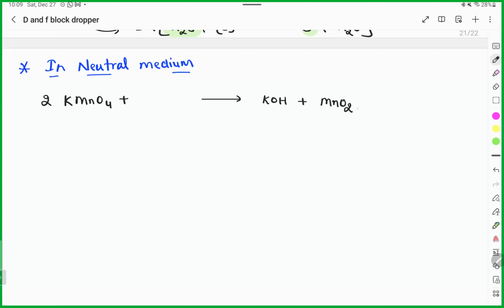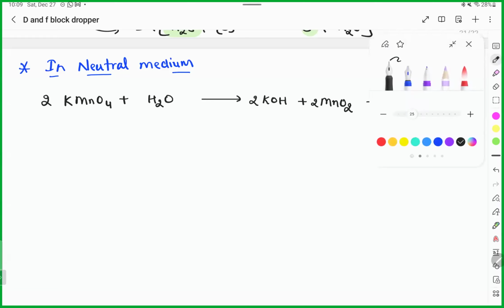Yes, water, a neutral molecule, reacts with the KMnO4.